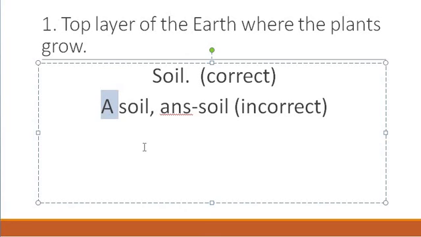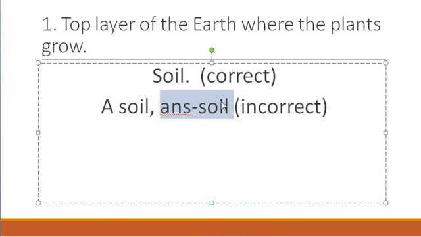Let me tell you what will happen. See here, the computer is correcting your test. So the computer will not accept A, because I have already inserted the answer soil. So where did this A come from? And even some of you have the habit of writing A and S, answer, then you put a dash and then you write soil.